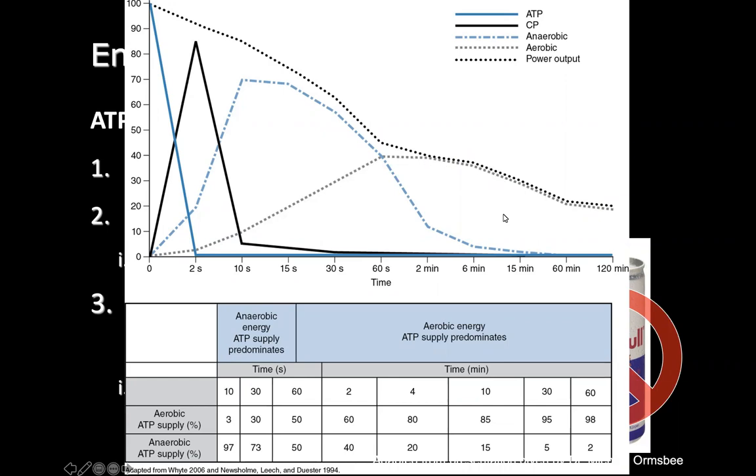And so we're talking about an effort somewhere in this length of duration, and that's going to be anywhere between 50 and 70% of your max effort. Well, the body is not going to be utilizing the phosphagen or the glycolytic pathway as its main energy source. You're going to be utilizing oxygen to help create that ATP. And that's what we call the aerobic pathway.